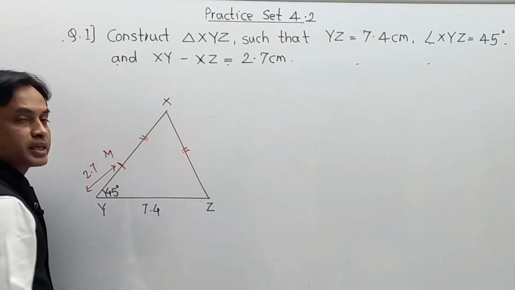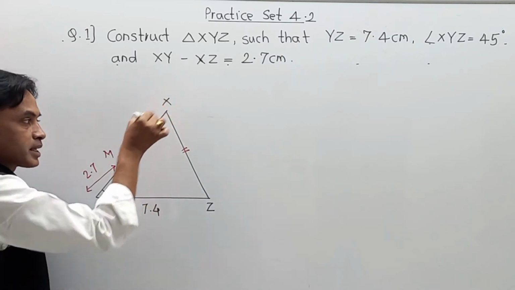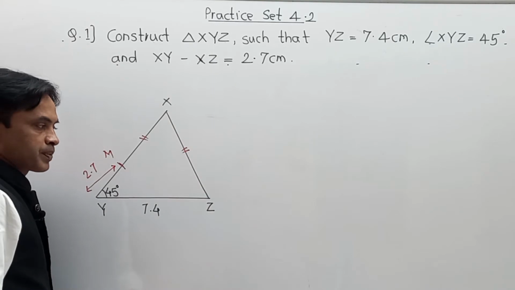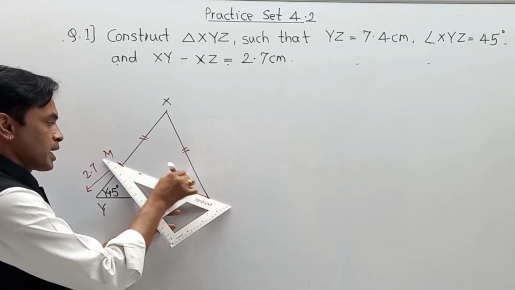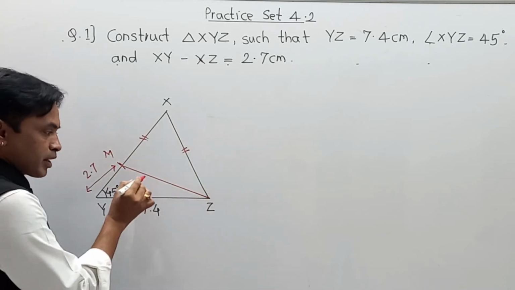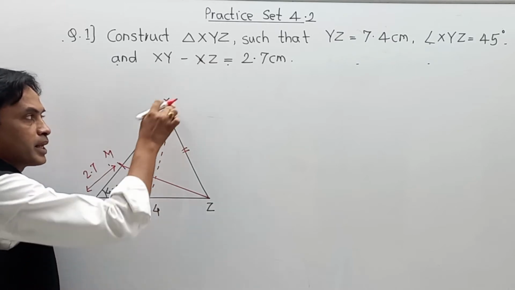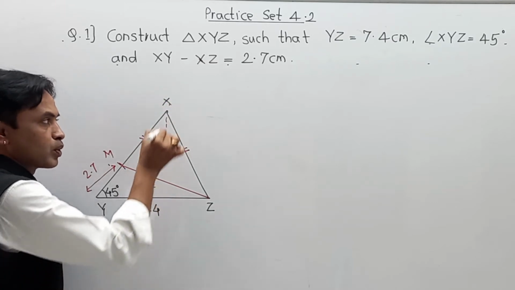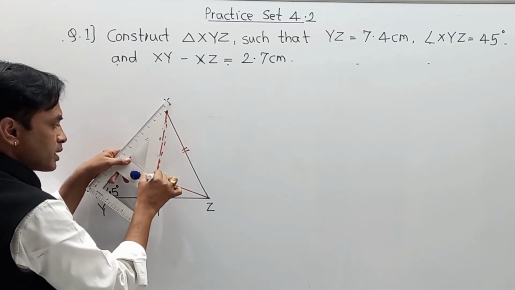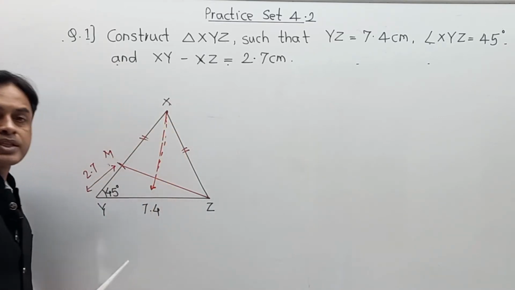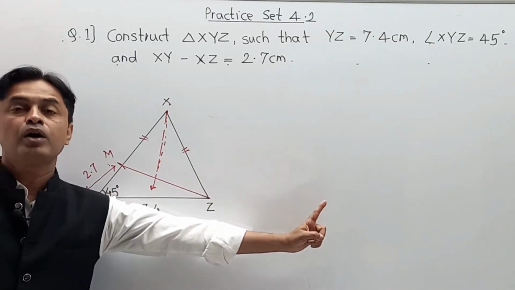These two sides become equal in length, and we know that a point on a perpendicular bisector is equidistant from the endpoints. So we are going to join MZ and draw a perpendicular bisector on it, and definitely it passes through that point X. Now this is nothing but the tentative structure that I have shown you. I am going to show you the actual diagram of how to draw it.